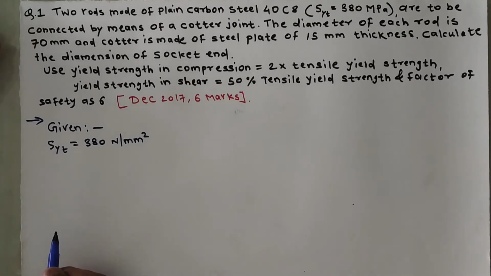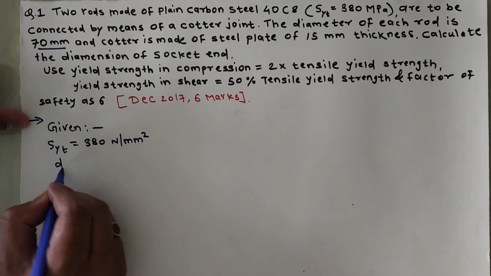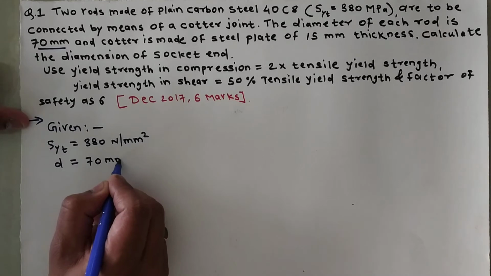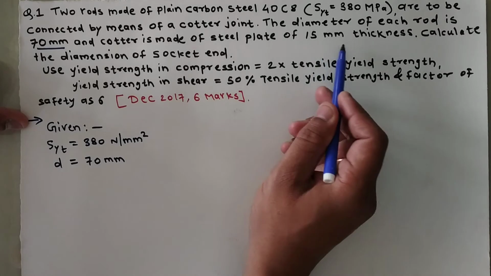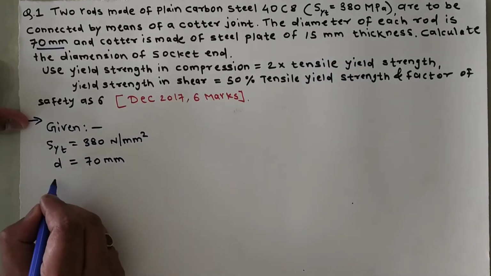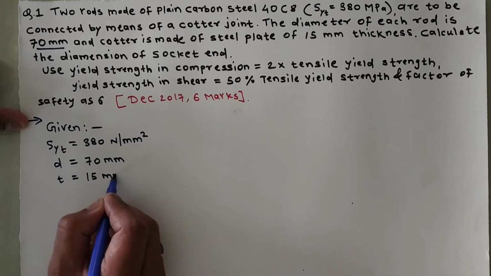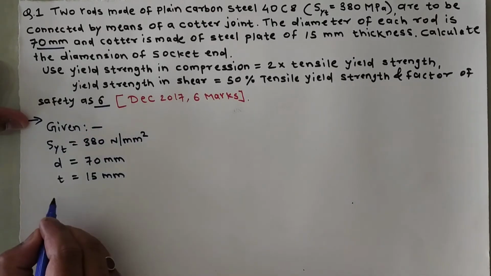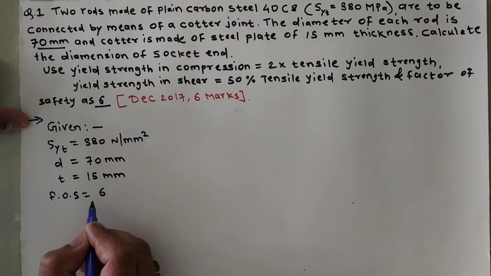We have been given the diameter of each rod, that is 70 mm, so diameter of rod d equals 70 mm. We are also given the thickness of the plate as 15 mm, so thickness t will be written as 15 mm. The factor of safety is also given as 6, so FOS, that is factor of safety, equals 6.